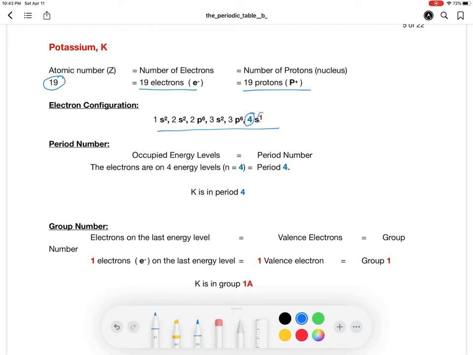It ends with 4s1, so it has 4 energy levels. The last energy level is level 4, so it's in period 4. It has 1 electron on the last energy level, so it's in group 1 because it has 1 valence electron. So potassium is in group 1, and it's in period 4.